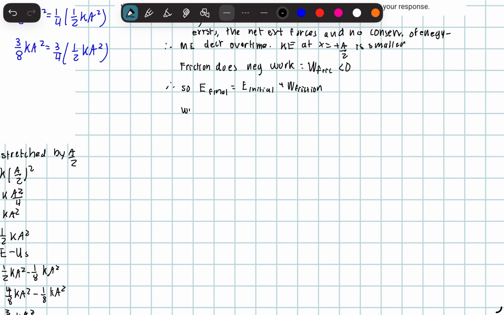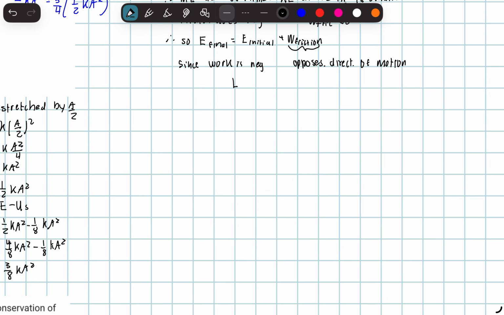And since our work is negative, it's negative because it opposes the direction of motion, because that's the definition of friction. That means that the final energy is going to be less than the initial. Thus, we have that K at a over 2 decreases.